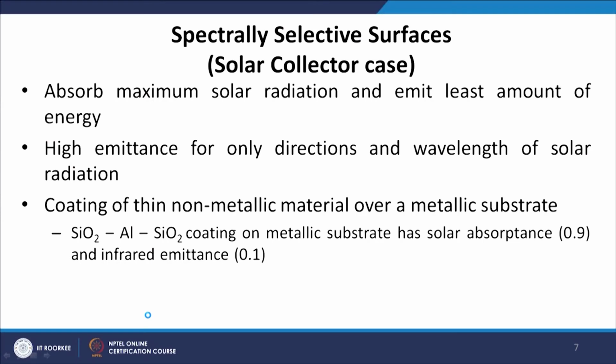There is another class of materials which finds much application in solar collectors, and they are spectrally selective surfaces. What we desire in solar collectors is a surface that absorbs most of the solar radiation coming from whatever direction, whether direct or diffuse, at the wavelengths of interest, some part of the visible and infrared.